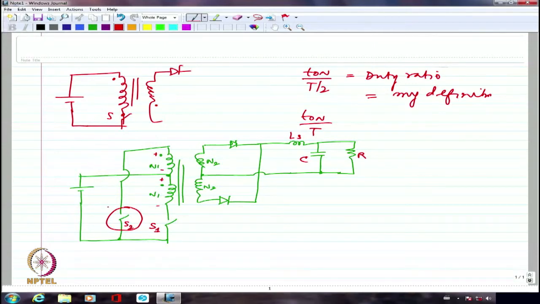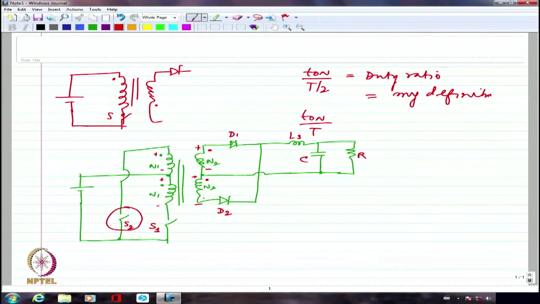So at this point, if I want one of the diodes to conduct, let us say this is D1 and this is D2. When N1 is on, if I want D1 to conduct, I should have probably the dot along this, right? Hopefully. So if I have the dot along this and I have the other dot along this, so I will have positive here, negative here, again positive here, negative here. So D2 will be reverse biased and D1 will be forward biased, right?